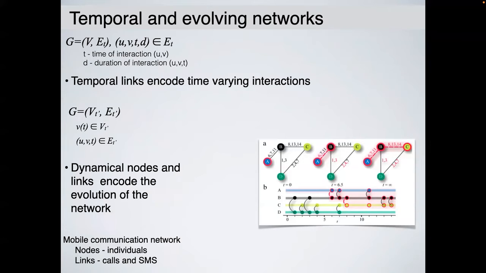And finally, you have temporal and evolving networks, so networks in which things are changing with time. The case I will discuss in this class is when the topology of the network itself is evolving, so you have nodes and edges which are added and removed with time.